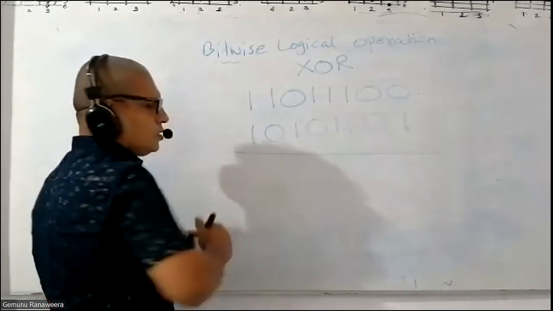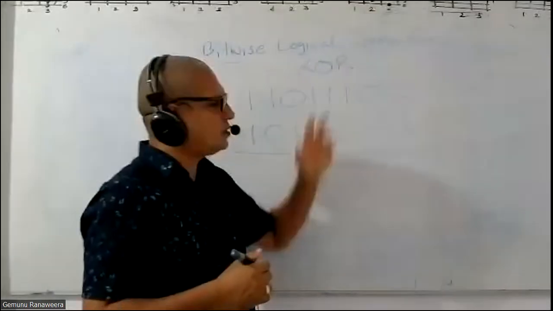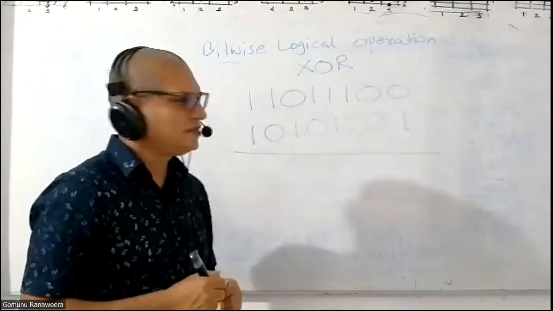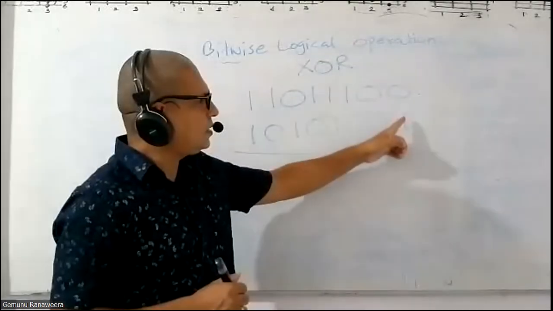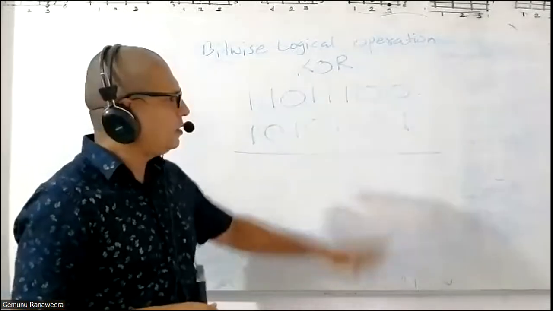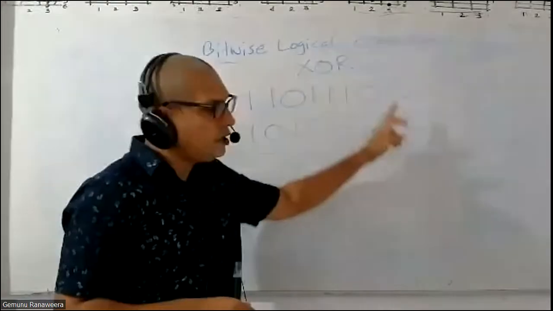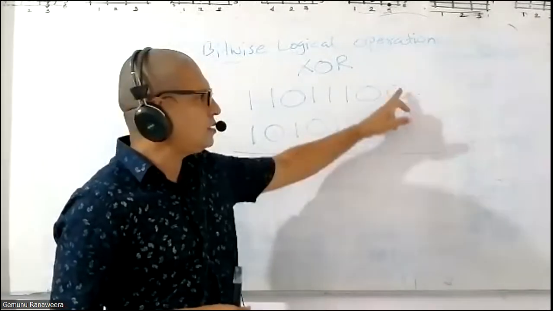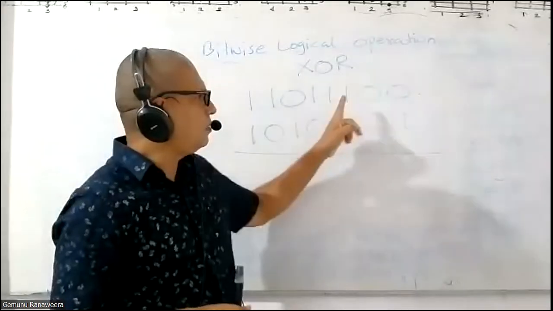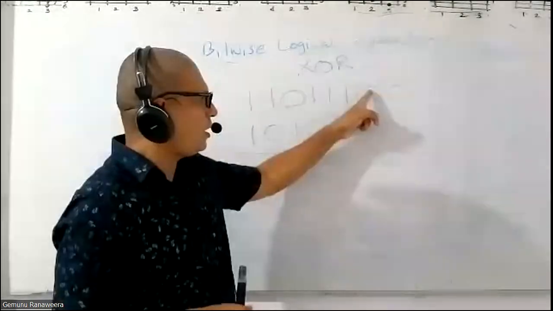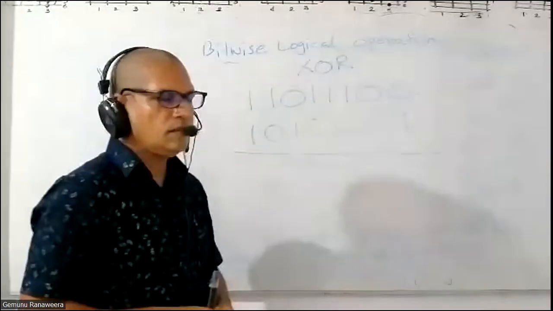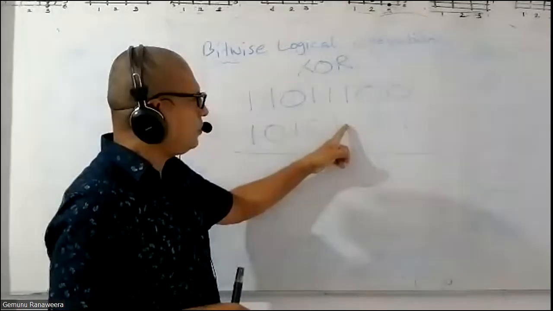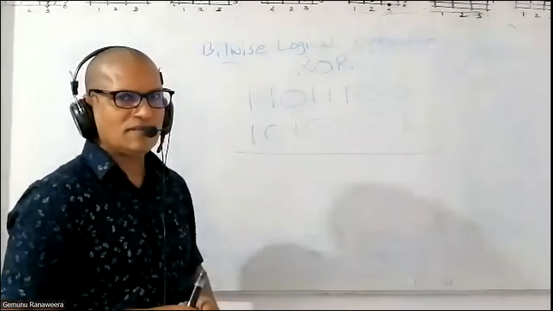So once you execute the exclusive OR operation, you will have a result here. So what is the result? So how do you execute exclusive OR? Here you take this bit and this bit together, and if these two bits are equal, that means 0 here, and if 0 is here, that is equal. Then in this situation, these two are equal, 0, 0. Here again, 1 and 1 are equal, right?